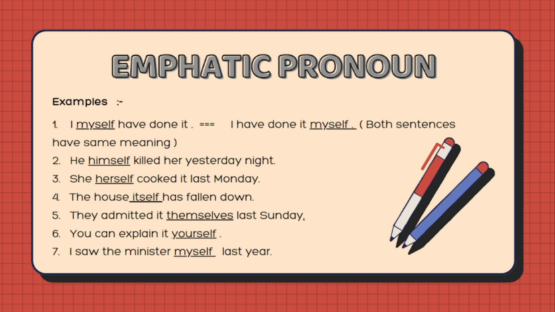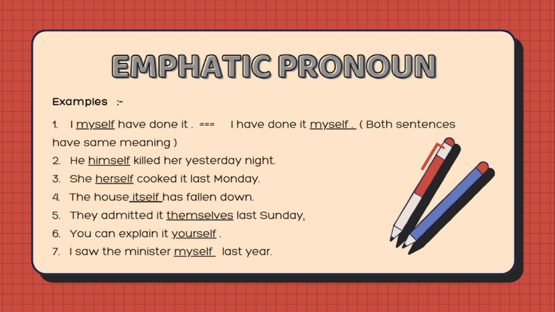Here, the self form itself is written immediately after the subject the house. What is the meaning of it? A special importance is given to this action, or the action is stressed, or the action is expressed with a lot of force.